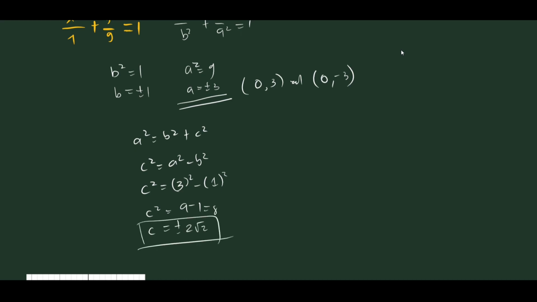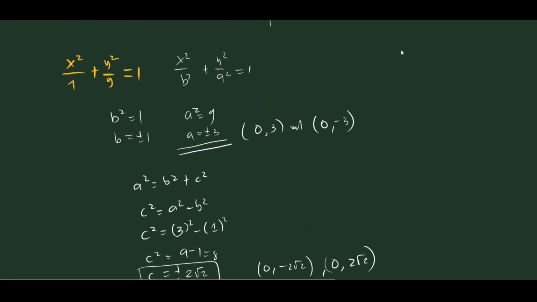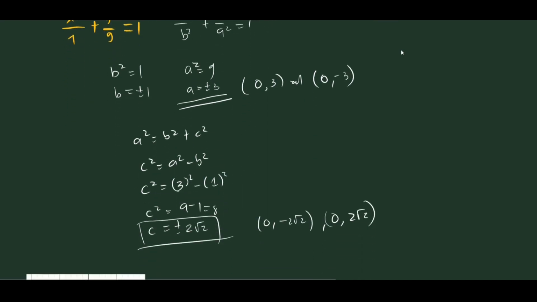Okay, so now that we have our c, we can say that our foci are at 0, negative 2 square root of 2, and 0, 2 square root of 2. Okay, so there we have our answers. So this is the location of our vertices. These are the location of our foci.